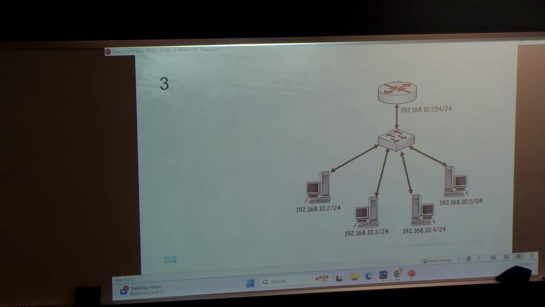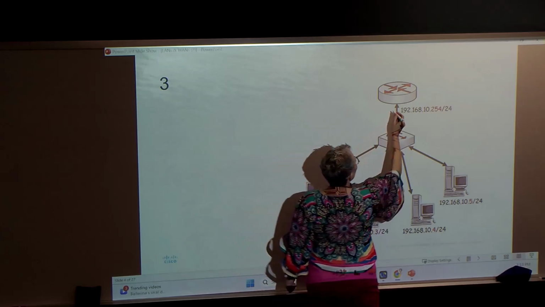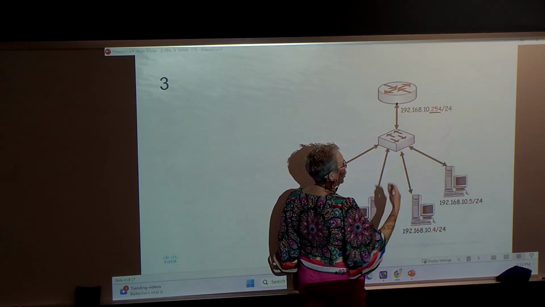We've seen something like this before that we've done. Oh, yeah, that's a good catch, right? That's a good catch. So this has been assigned an IP address of a .254.